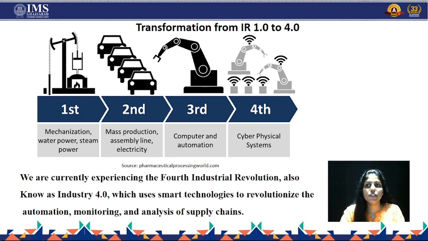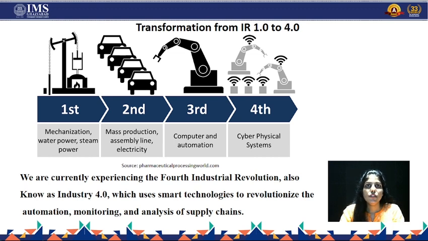In this picture you can see that in the first industrial revolution there was mechanization, and water power or steam based power systems were generally used by companies. After that, in Industrial Revolution 2.0, electricity based energy emerged for operating the machines, with mass production assembly lines based on electric power.